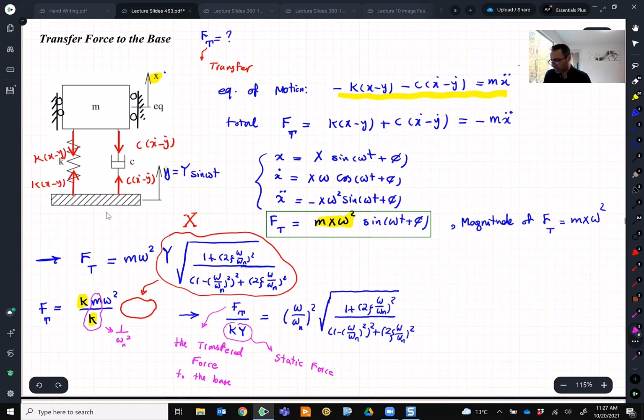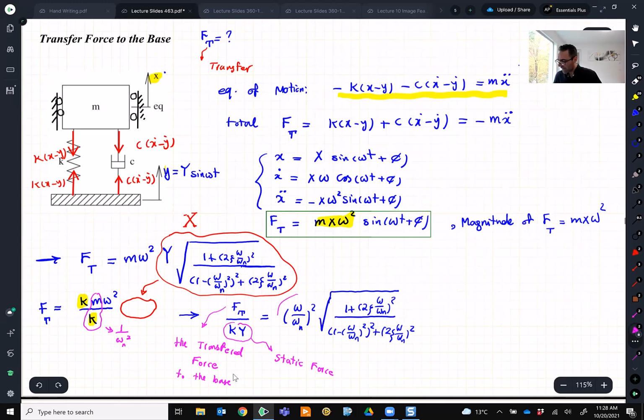If I have, let's say, only Y statically, if I compress the whole thing, I would get a force of k Y. And damping doesn't give me any force in a static case. Remember, damping applies force when we have a speed. In a car sitting somewhere with no vibration, the only force is coming from the spring, from deflection of the spring. Damping doesn't do anything until it has some speed, some moves up and down. So that's your static force, only k Y, and Ft is the force that is transferred to your base.